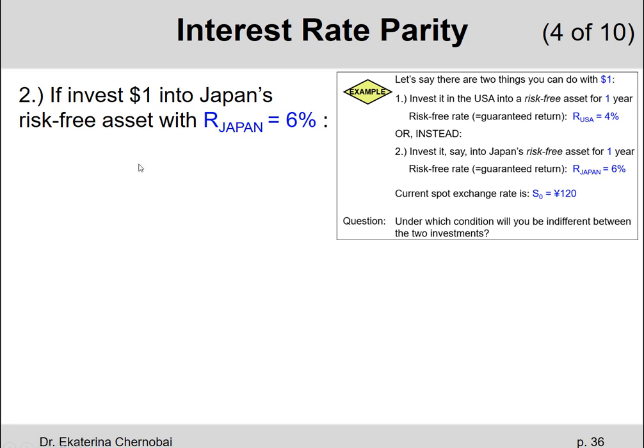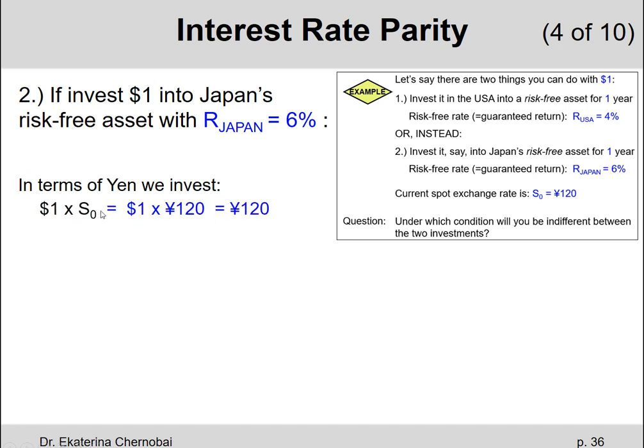The second option was you instead invest your $1 into Japan's risk-free asset equivalent. The return on Japan's risk-free asset is 6%. Well, first of all, we are not really investing dollars in Japan. We should be investing yen.